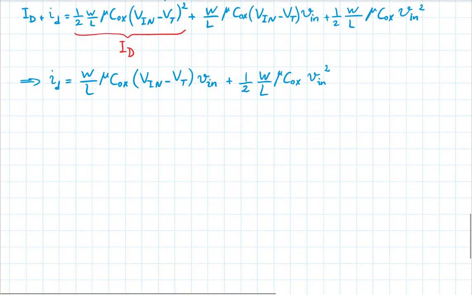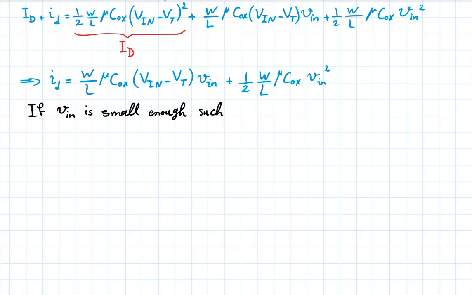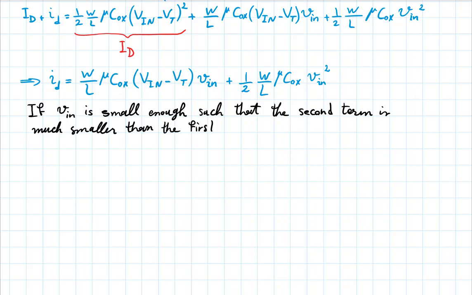In other words, let's be very explicit here. If I compare these two terms, if I assume that Vn is small enough such that the first term is much bigger than the second term, or such that the second term is much smaller than the first term, then I can say little ID is approximately just the first term, right?